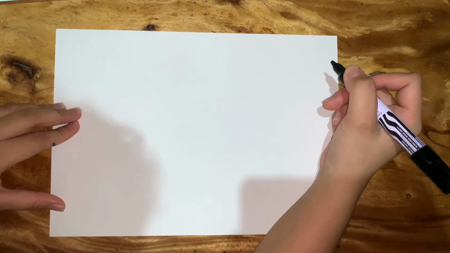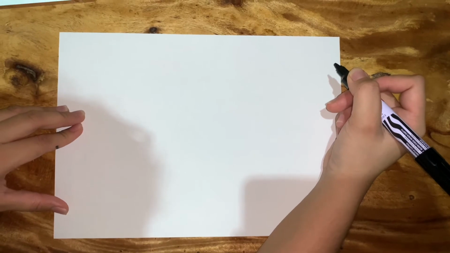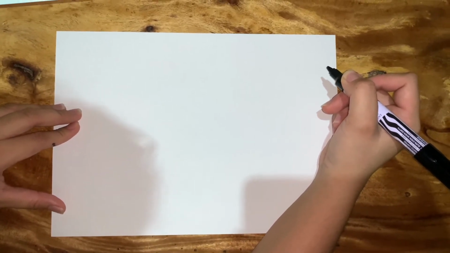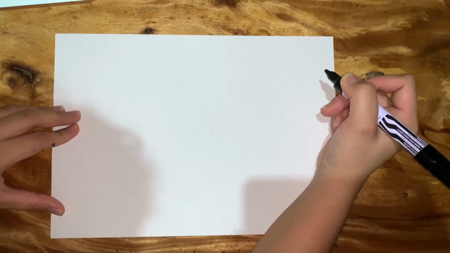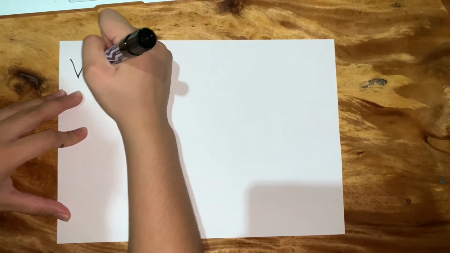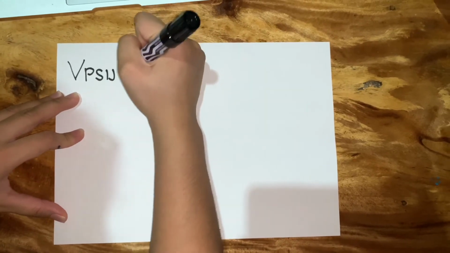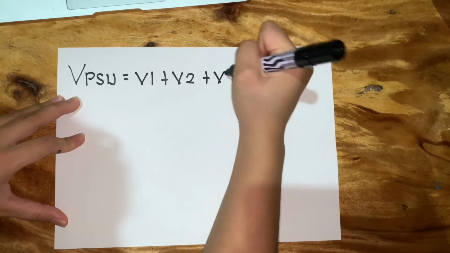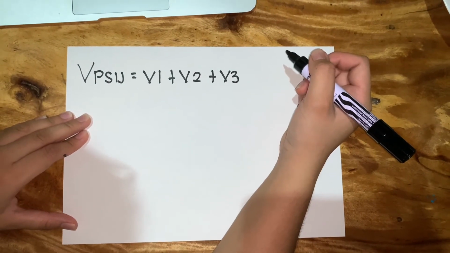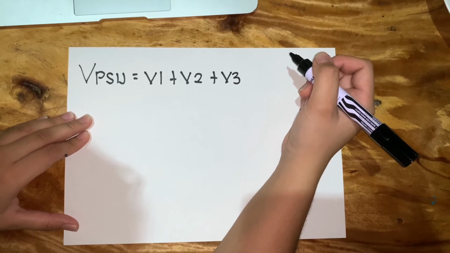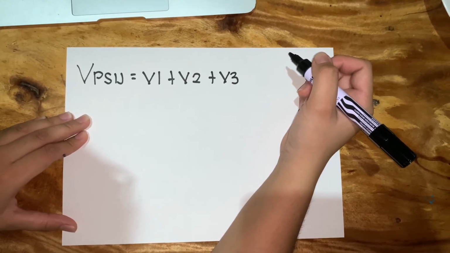In this series circuit, the total voltage across the resistors is equal to the voltage across the PSU. So the higher the value of the resistor, the higher the voltage across it. So the voltage across the PSU equals V1 plus V2 plus V3. The current of each resistor is equal to the current of the PSU, where the value of the current across the series circuit would remain constant and equal.